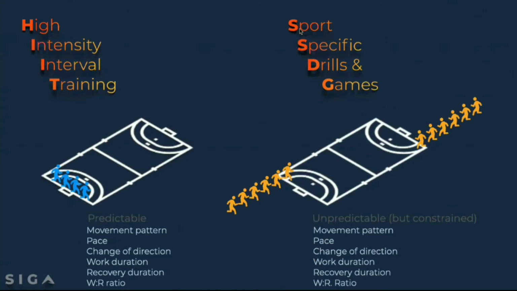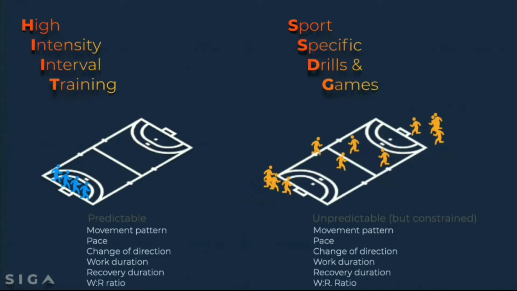And what's the difference between one and another? I depicted there sport-specific drills and games. There are 2 players. Also, actually, there are four. They are playing 2 against 2, while the others are waiting to play. It's a different way to configure the session.